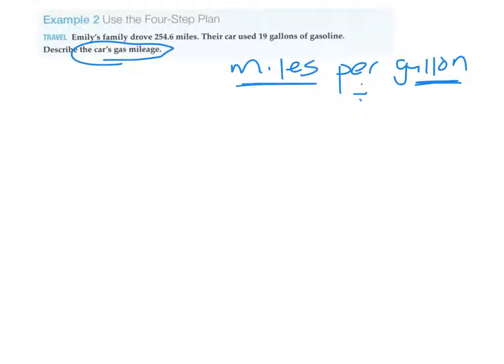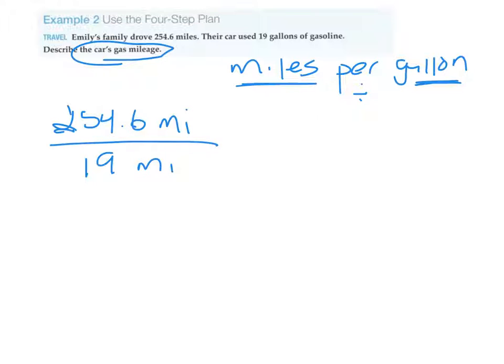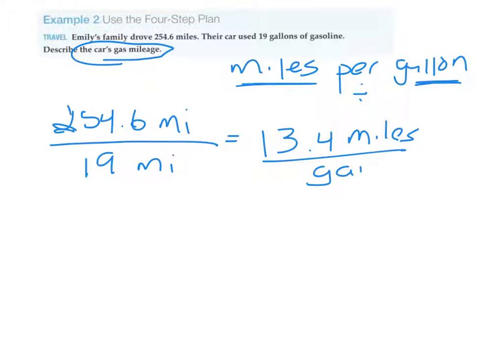So in this case, they give us 254.6 miles, and we're going to divide that by the number of gallons. When we do that math, we get 13.4 miles per gallon. And there's our answer.